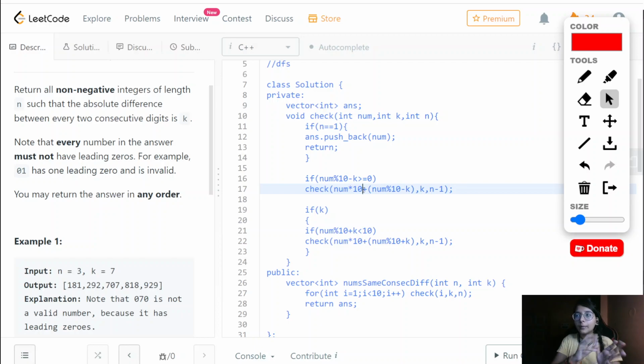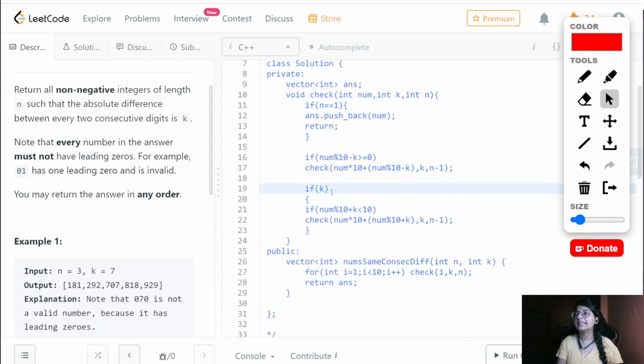Now from 8 we subtract 7, and then we get 1, right? So in that scenario we add that, and at this particular point it becomes 181, and then we move ahead with our k, that is the same, 7, and n minus 1. At that moment it was 2, so now it becomes 1, and it will pass to this and here it will have the answer. So that is what we are doing here.